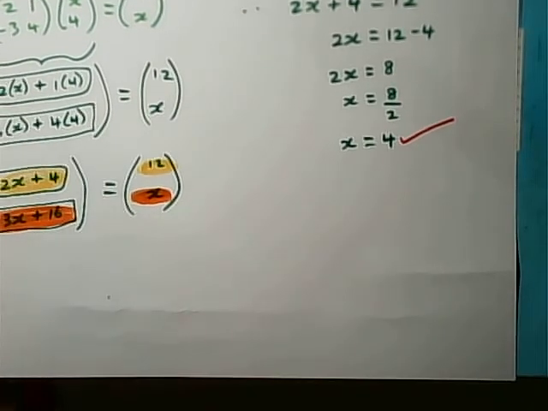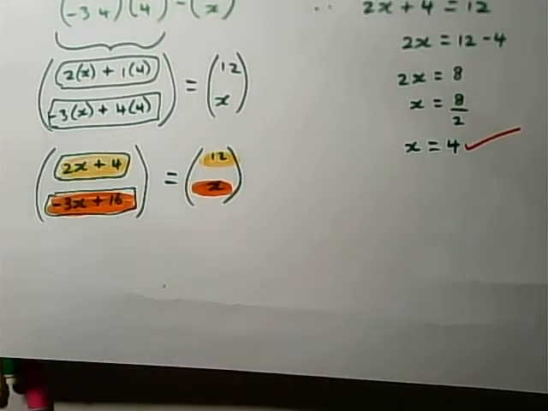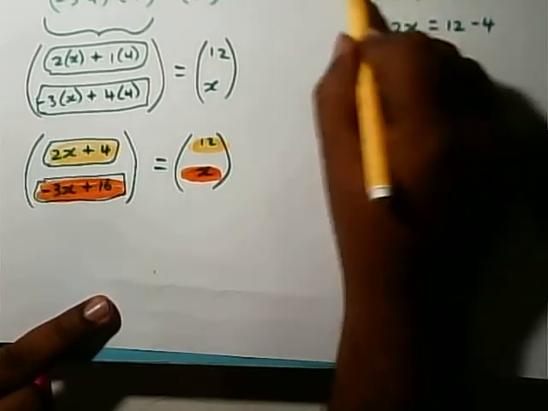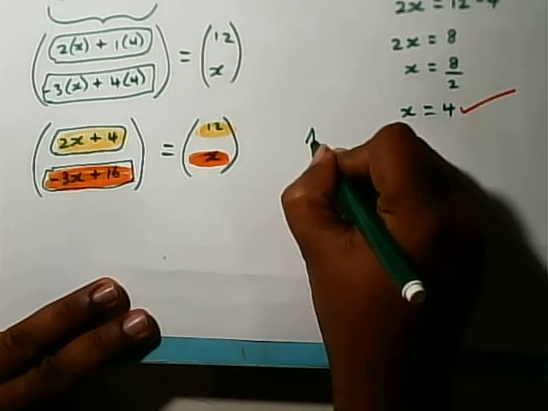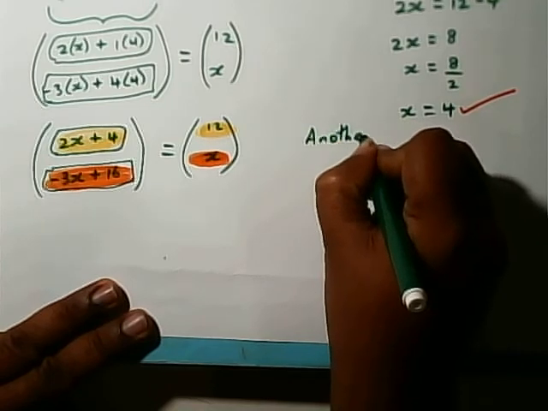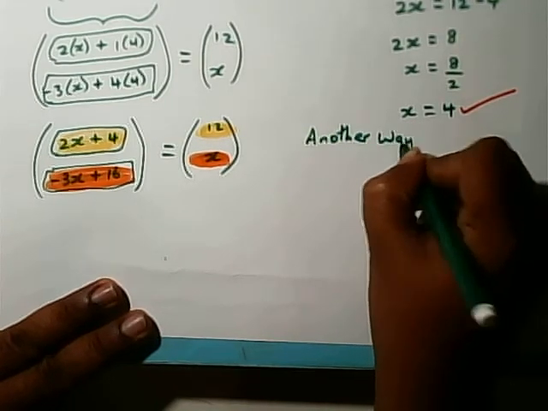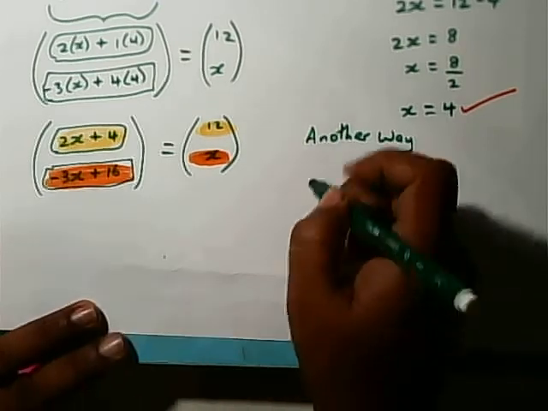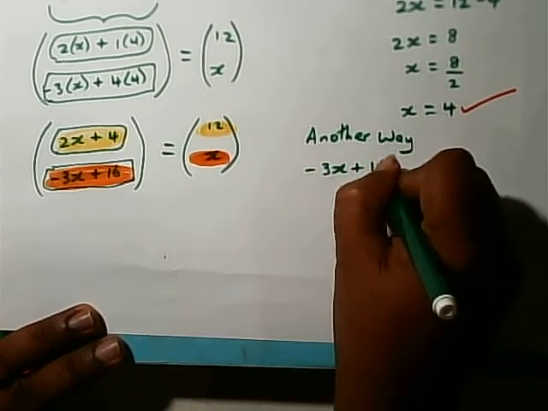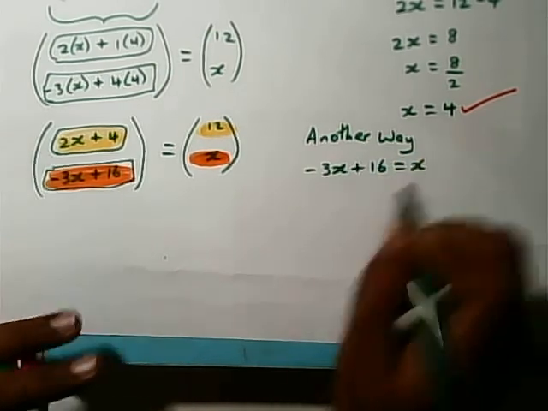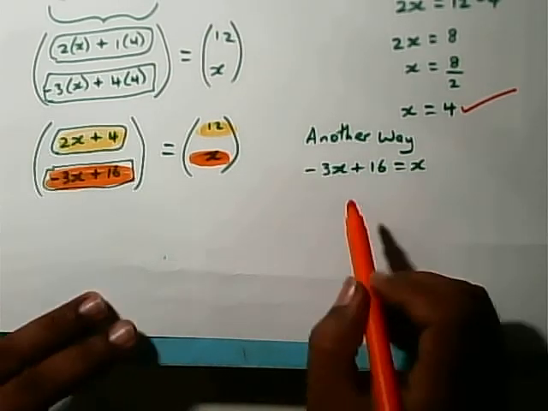Another way we could have done it, we could have also tried this one, right? Let's write it here another way. Another way we could have tried: minus 3x plus 16 is equal to x, right?